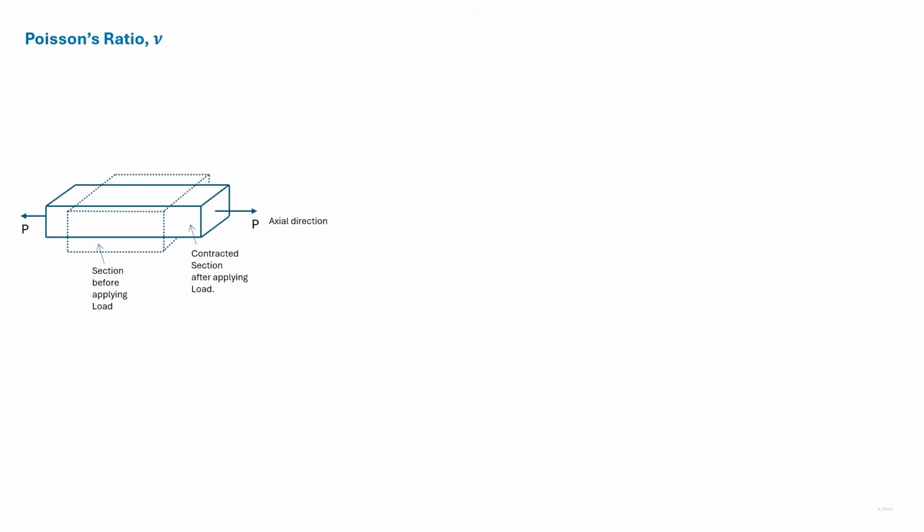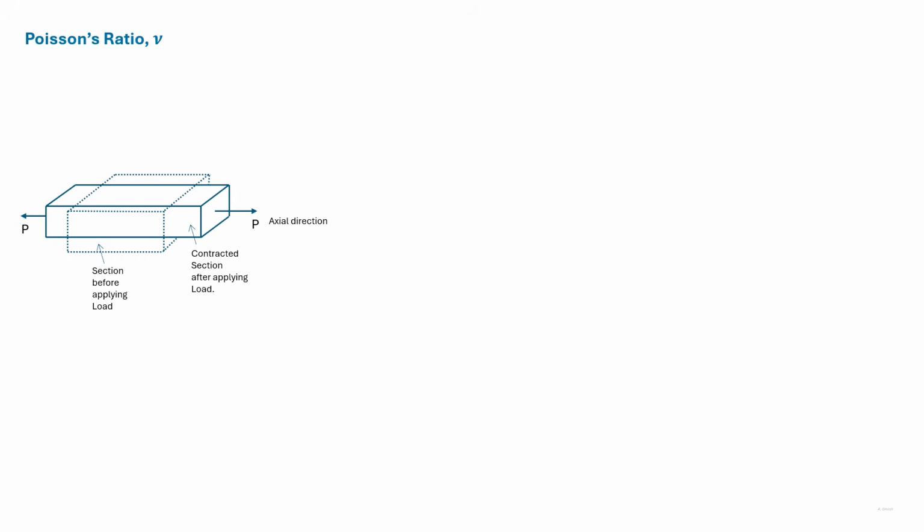To start with, we remind ourselves that we are dealing with a material that is homogeneous and isotropic when we consider bodies. We earlier briefly mentioned that when a bar is subjected to axial loads, there is a contraction in the lateral direction.